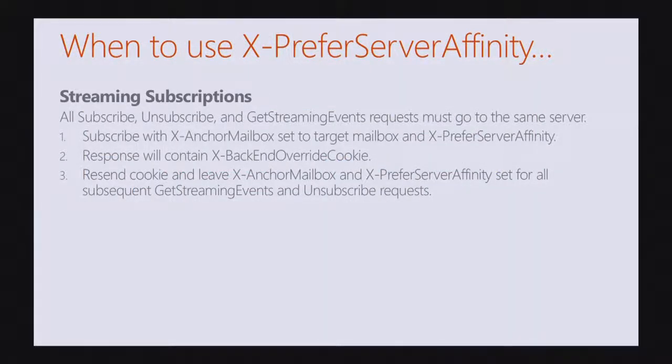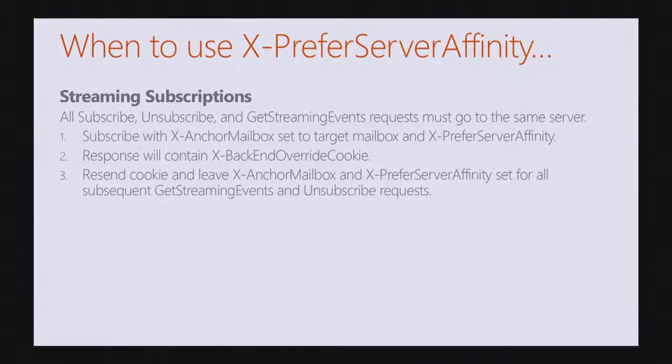So in the case of streaming subscriptions, we create subscriptions. When you subscribe, you're creating a subscription that lives on the backend mailbox server, and it actually lives in memory. We'll talk about that too, the basic effect of that. What we want to do is make sure that we get back to the correct backend server that has the subscription table in it.